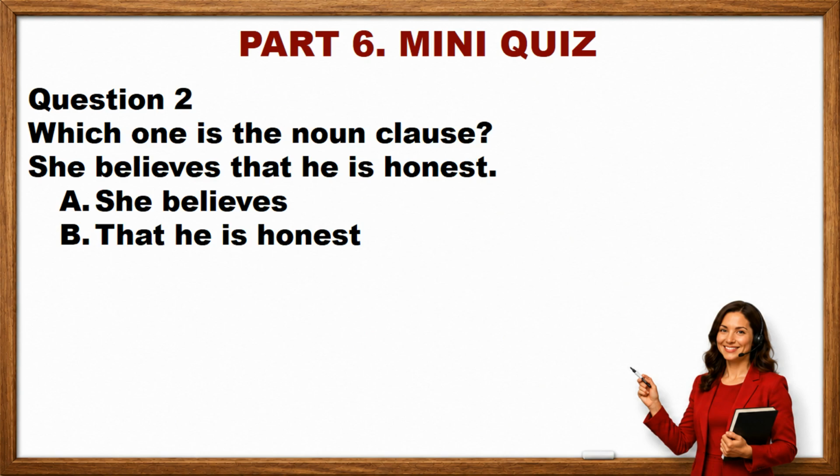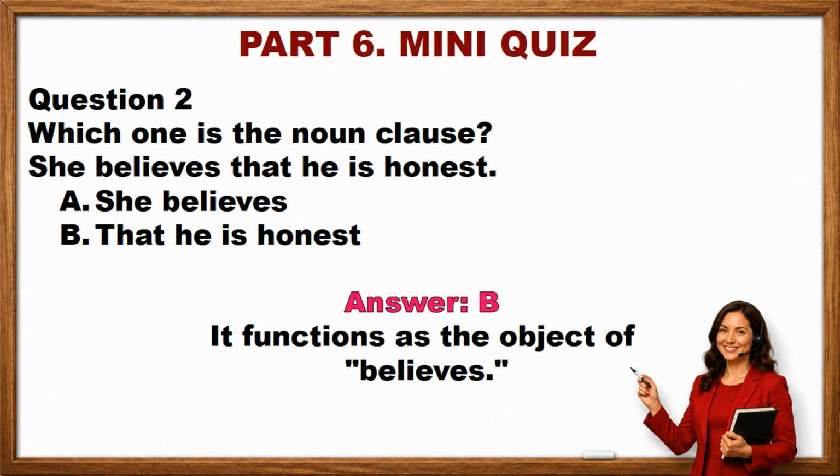Question 2. Which one is the noun clause? She believes that he is honest. A. She believes. B. That he is honest. Answer: B. It functions as the object of believes.